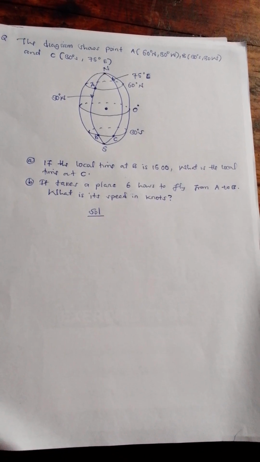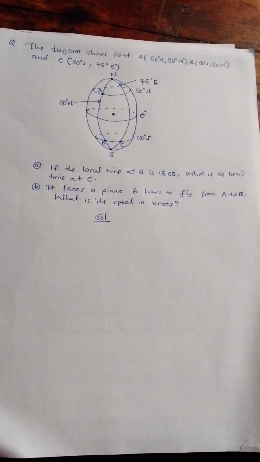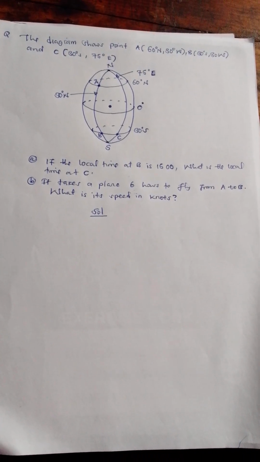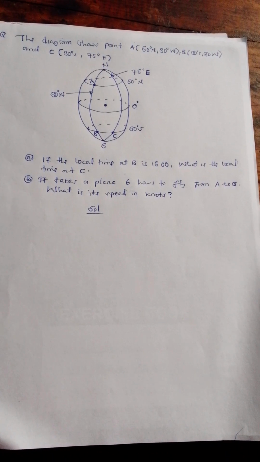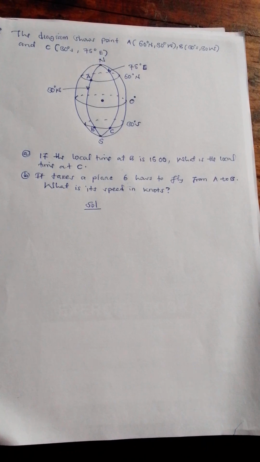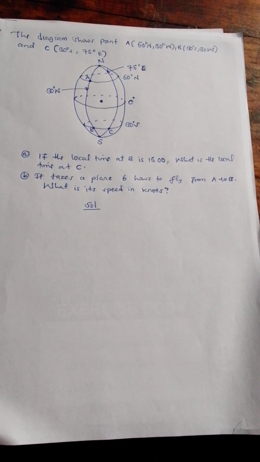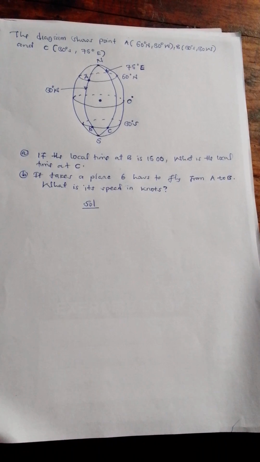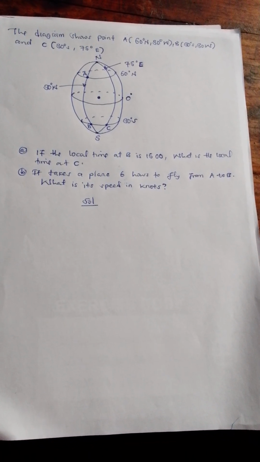This information has been illustrated in the diagram on the earth there. Then the question follows. If the local time at B is 15 hours, what is the local time at C? Then B, if it takes a plane 6 hours to fly from point A to B, what is the speed in knots?